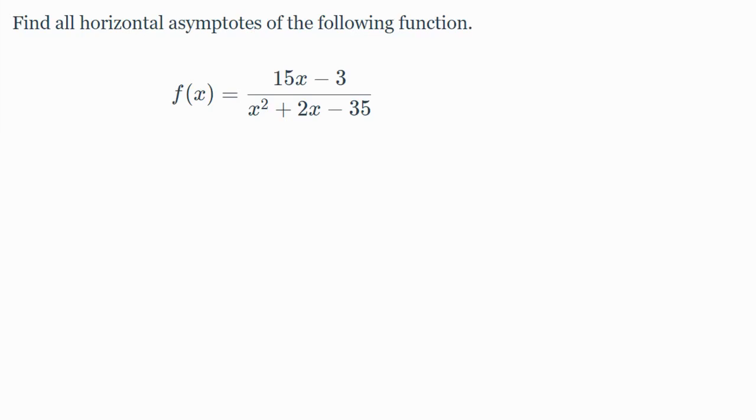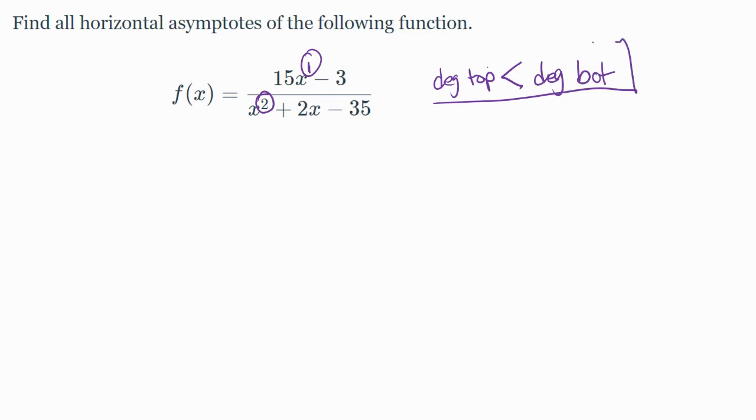So to decipher what our horizontal asymptote is for this problem, or any rational function, the first thing you look at is the degree of the numerator and the denominator. Both of these happen to be in standard form. And the numerator degree, I'm going to say deg top for degree of the top, is smaller than the degree of the bottom, deg bot for short.